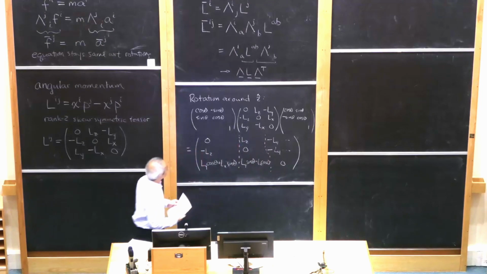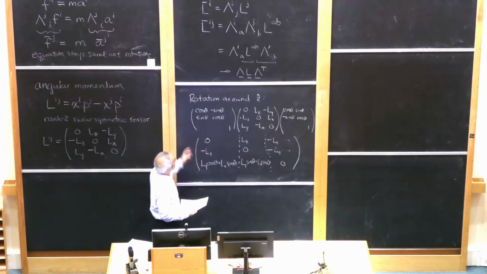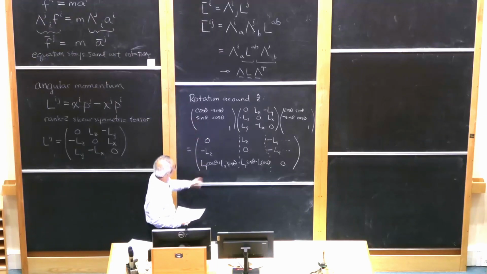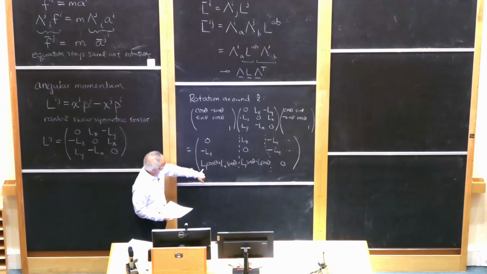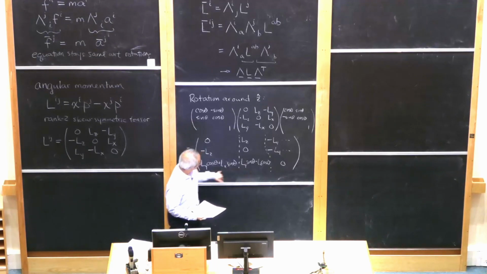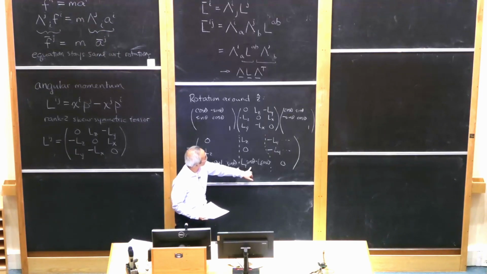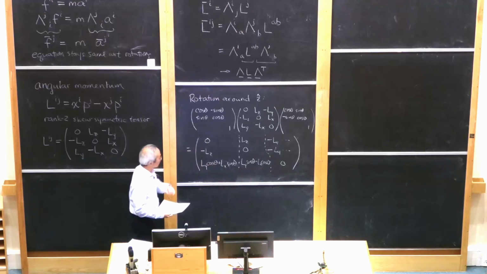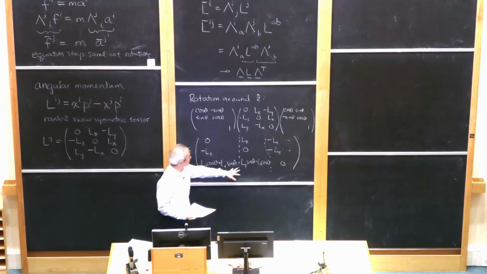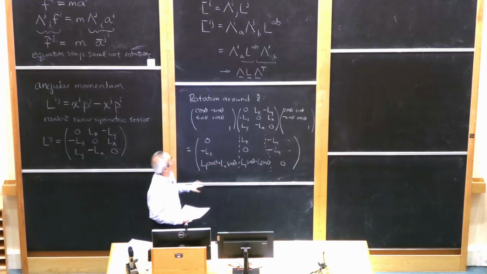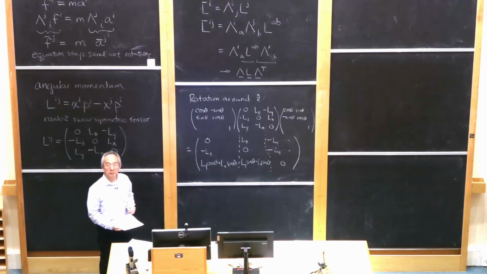So these are separate components, and you can work out the details for yourself. But if you actually go through this multiplication, what you'll find is that this thing will be sitting in the position of the transformed Ly. This one will be in the position of the transformed Lx, or minus that. And of course it transforms in exactly the same way that you get with the vector.